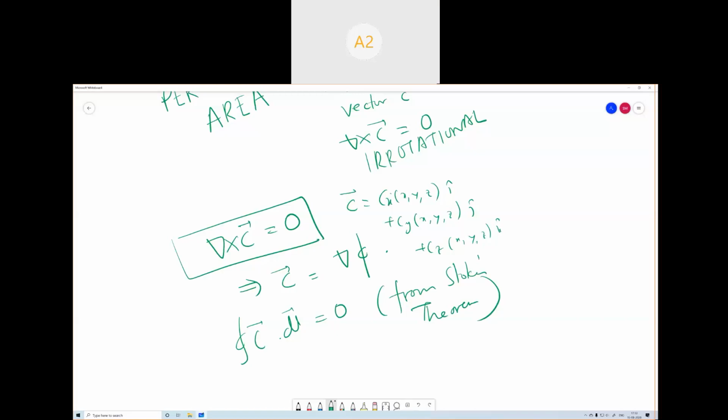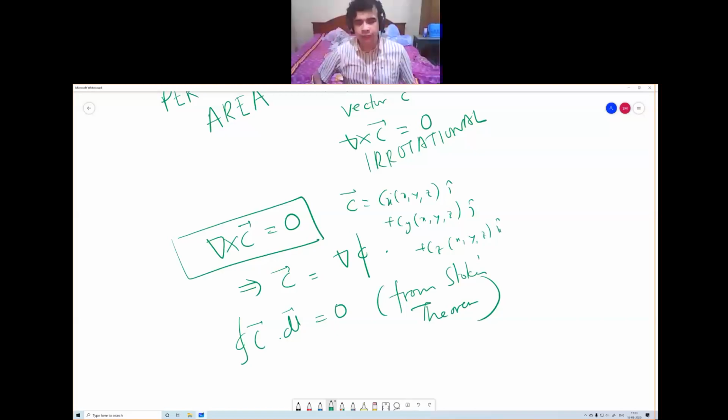What does this thing mean? That this circulation, this closed integral along a loop, say gamma, of C dot dl is 0. What does this mean? Remember work done? What was work done? Those physics of school, work, power, energy.